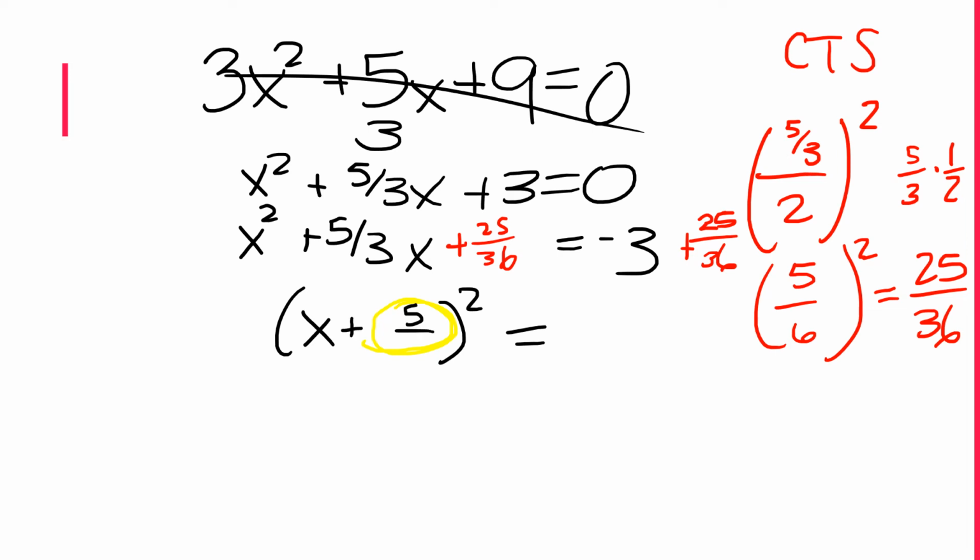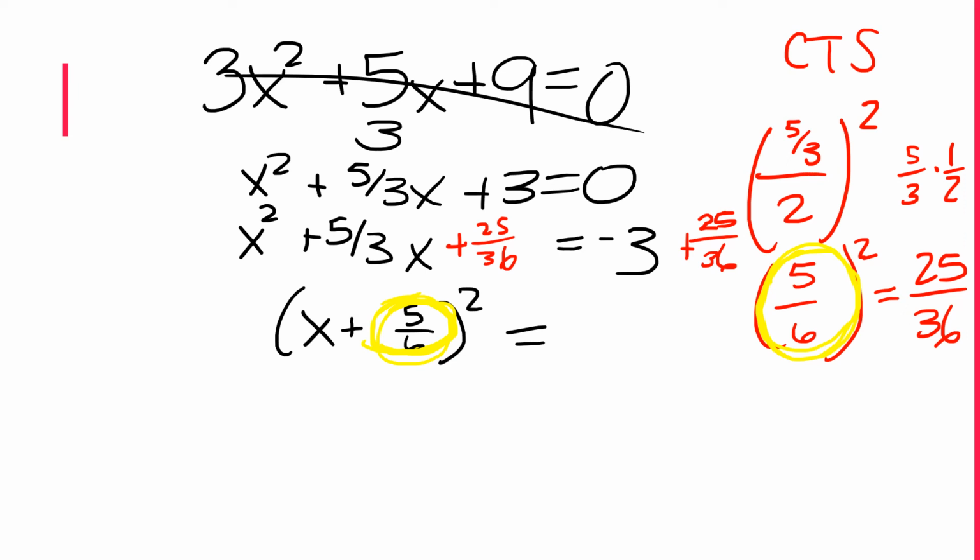Well, that's easy, 5/6, right? 5/6 plus 5/6 would get me 5/3. 5/6 times 5/6 is 25/36. Now look at this. Here's the shortcut way. Where did 5/6 come from? b divided by 2. b divided by 2 will always get you your factor, okay? You don't have to remember that, but it does make it easy when you're dealing with fractions.